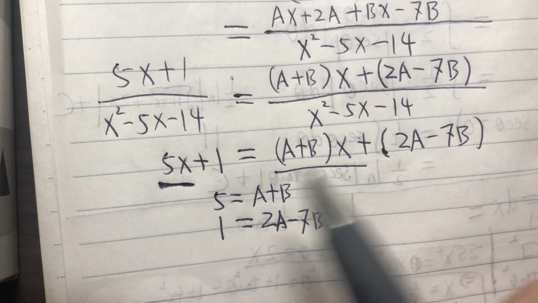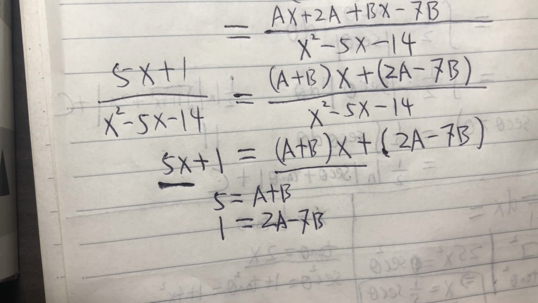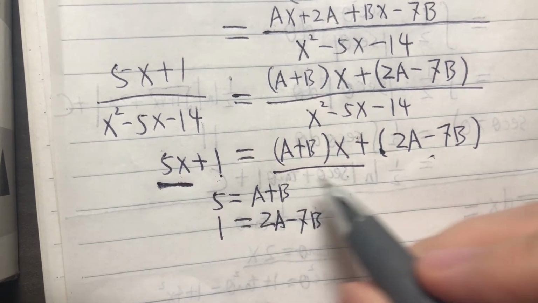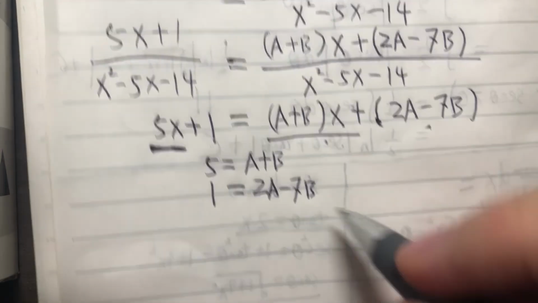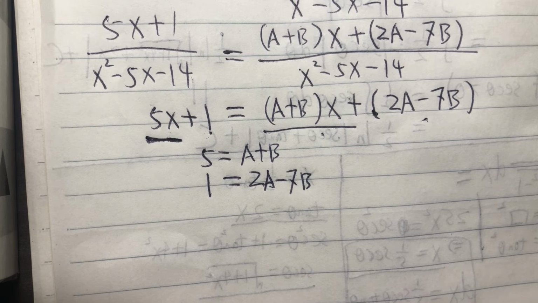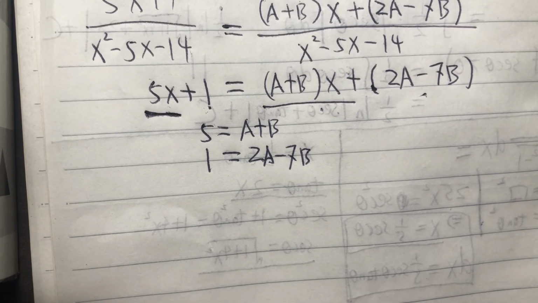You compare the coefficients on both sides. They should match. The constant term equals the constant term, the linear term equals the linear term. So this is a linear system, and we want to solve for a and b.